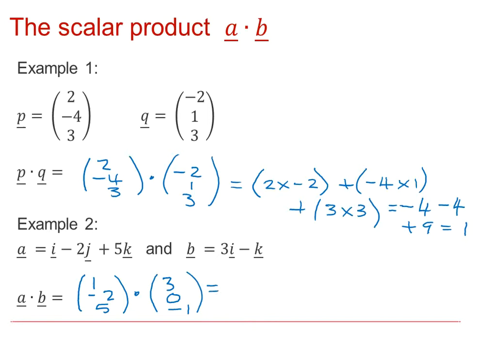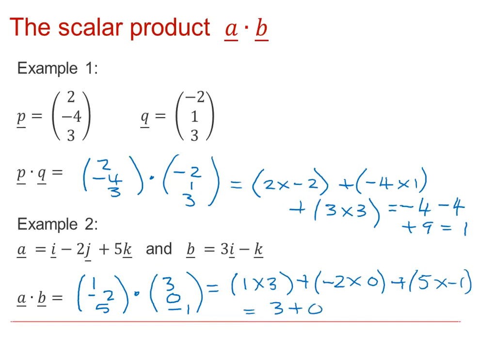That would give us, so 1 times 3 plus -2 times 0 plus 5 times -1, or 3 plus 0, I'll add that in just for completeness, minus 5, a scalar product of -2.